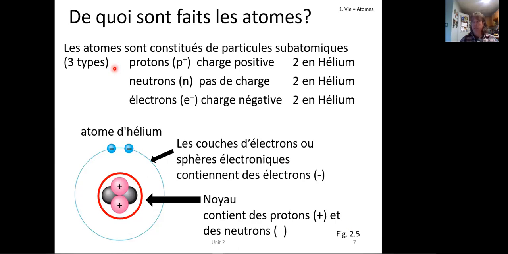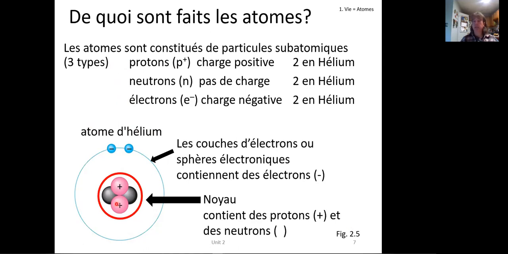There are 3 types of particles: protons, neutrons, and electrons. Here is an atomic model of helium. So this is the element helium. This is the atom of helium.